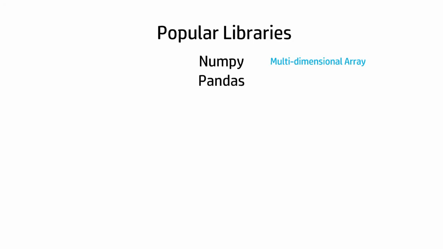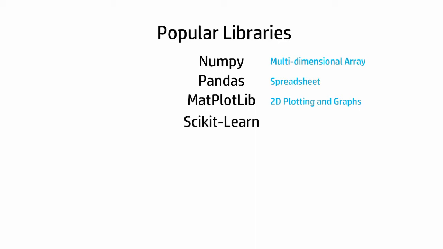Another is pandas, which you can think of as a library that is kind of like creating a spreadsheet. The next is matplotlib, which is for 2D plotting and graphs. Finally, we'll use Scikit-Learn, where we have very common algorithms like decision trees.